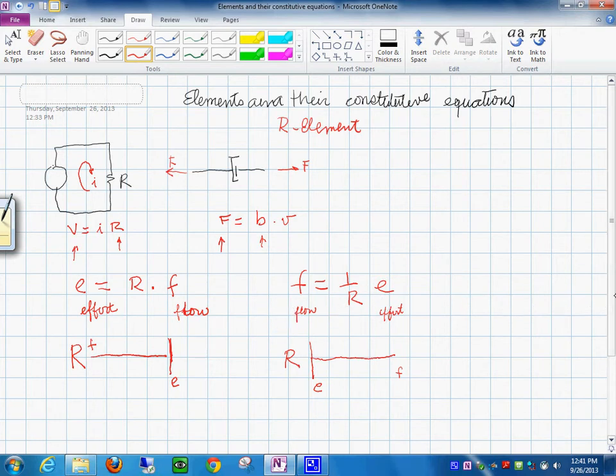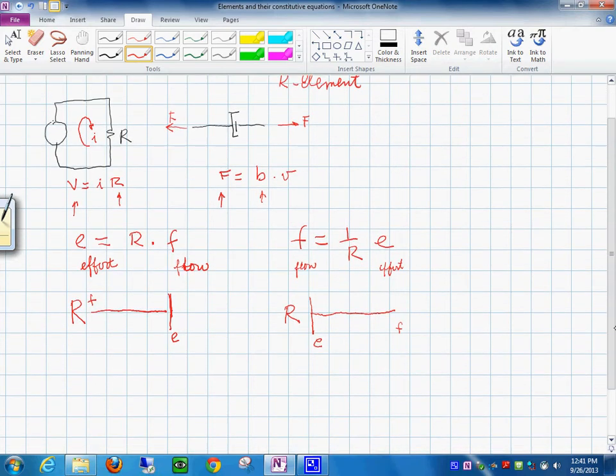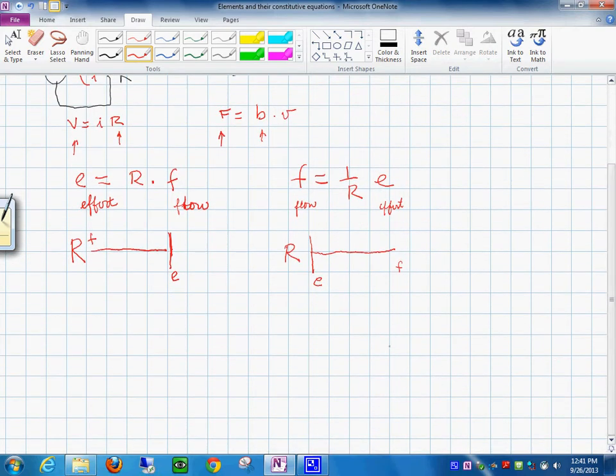So now I think we need to turn our attention in a simple way to the C element or the I element. So let's just do that. In this case, I am going to put a capacitor over here and the resistor over here like that.